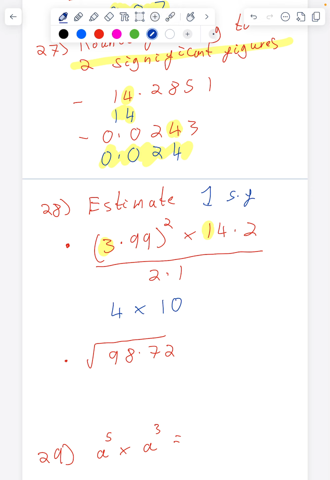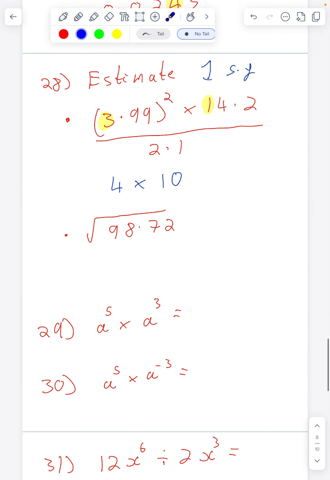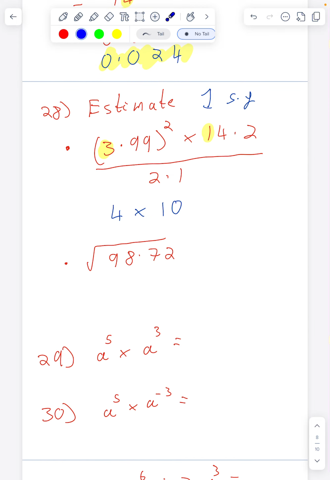So 14.2 to one significant figure goes to 10, not a 14. That's something that always catches people out. 2.1 is more simple. That would just go down to 2, so that would go down to 2 over here. And then you've got 4 times 10, which is 40, divided by 2, which gives you 20.